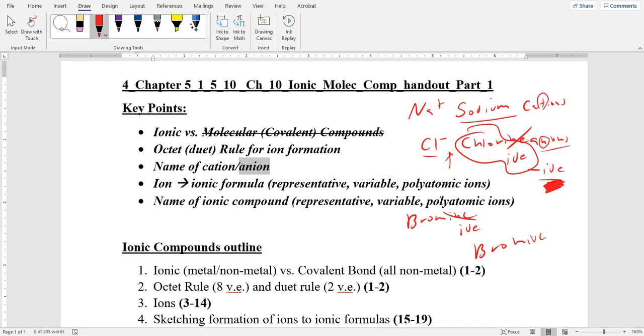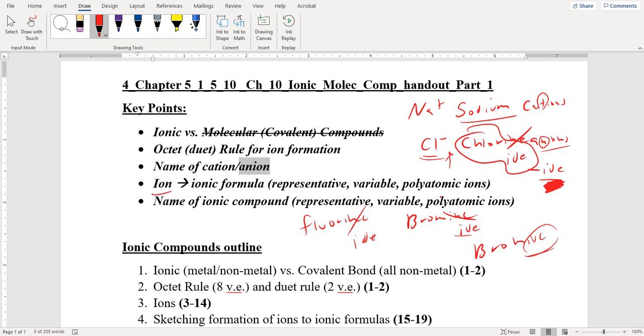So that's a sodium cation, chloride anion, bromide anion. And I just said it again, bromide anion, pretty easy. Let's do one more. Fluorine would be a fluoride. F-L-U-O-R. Don't spell it O-U-R, that'd be wrong. It's not flour, it's fluor. So fluoride anion. Alright.